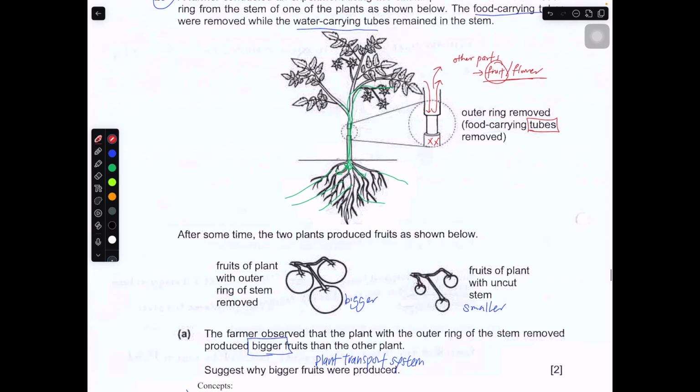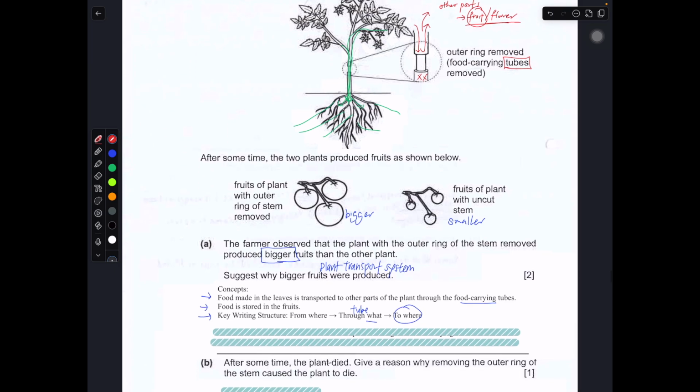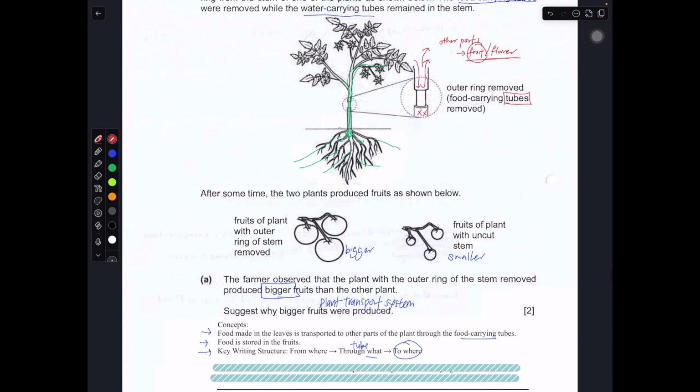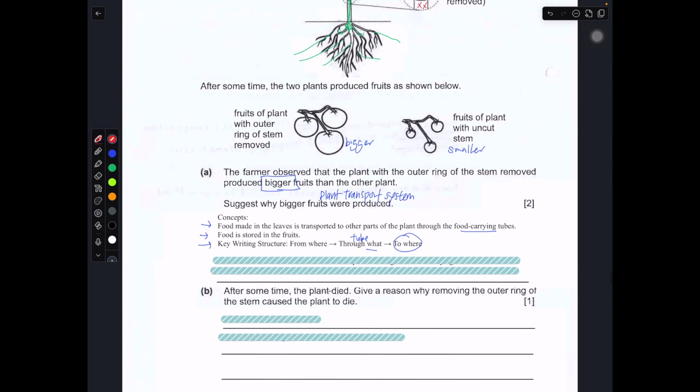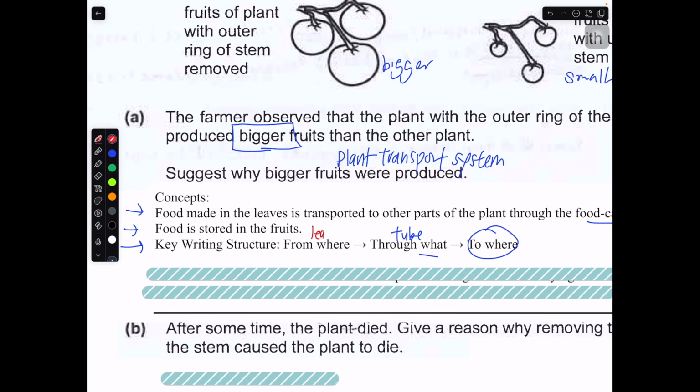So the question asks why bigger fruits were produced. You have to say that the food made in the leaf, transferred through the food carrying tube to the roots, cannot be transported anymore, because there is no more food carrying tube.